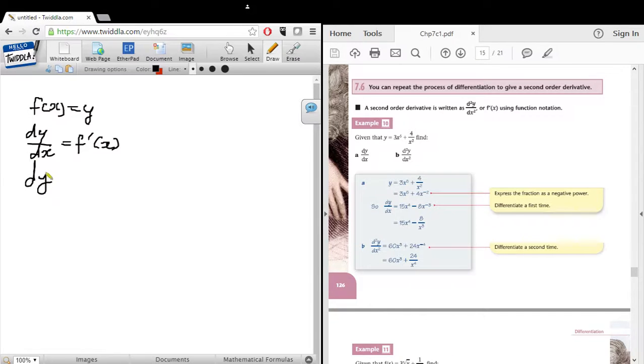So it's only suitable that d squared y dx squared equals f double dash x, and on and on and on.